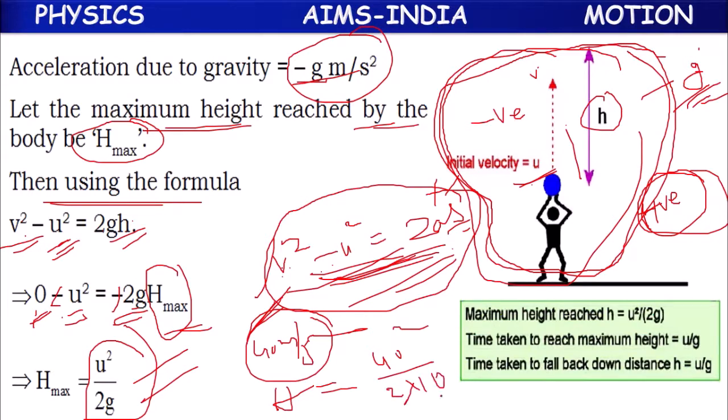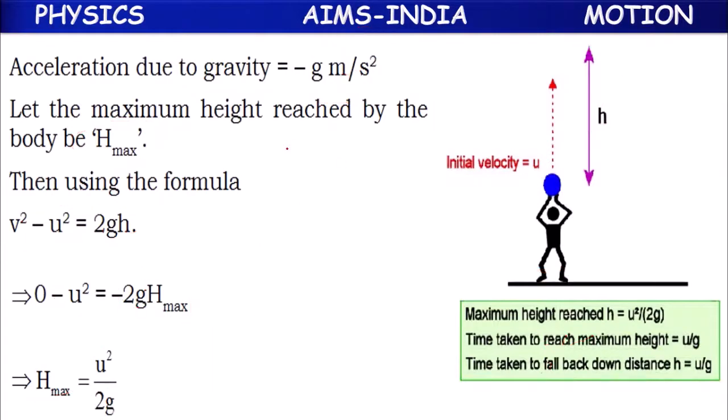Approximately, g value 10 we can take. 40 into 40 by 2 into 10, that is 1600 by 20, which is 80. So the maximum height reached by the body is 80 meters. Like that, with this formula, we can calculate the maximum height reached by a vertically projected body. You have to remember this formula, children.